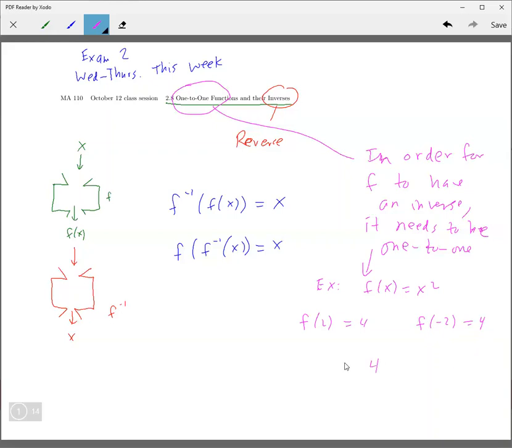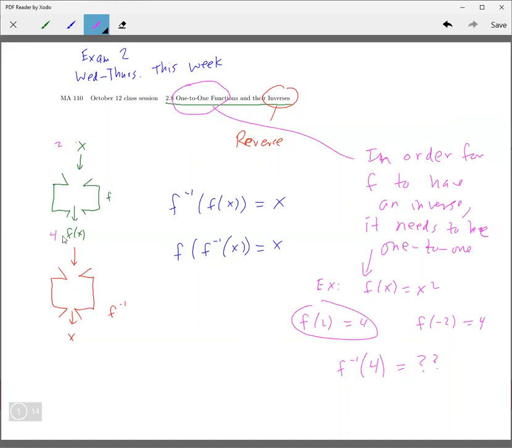So if we have a 4 and we want to go back, this would be like putting a 2 in and getting a 4 back.